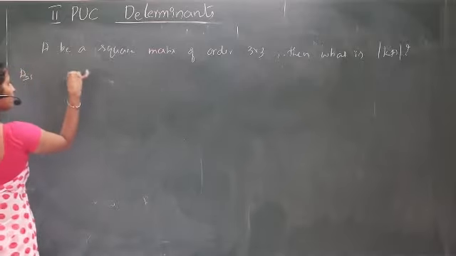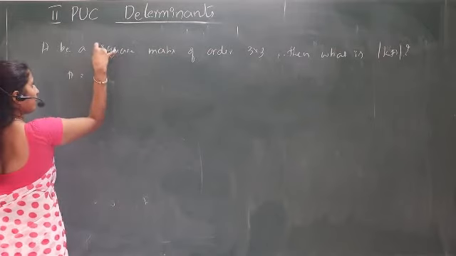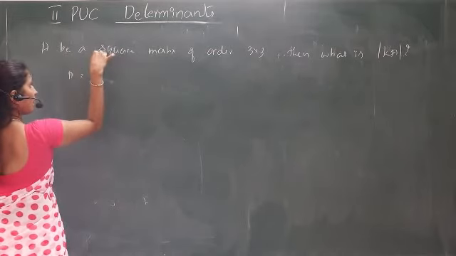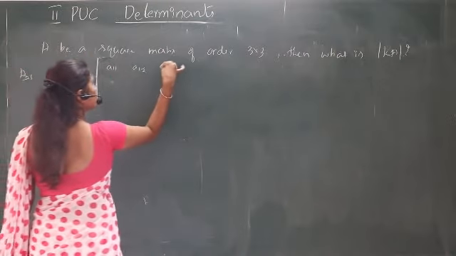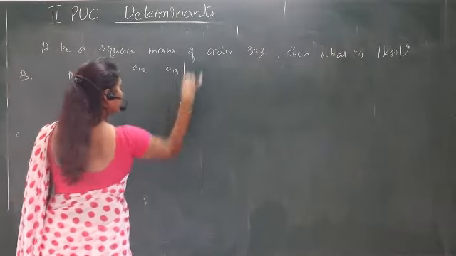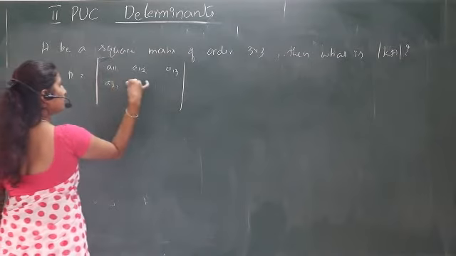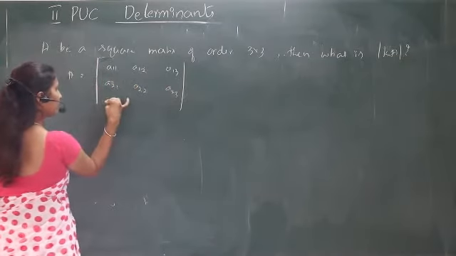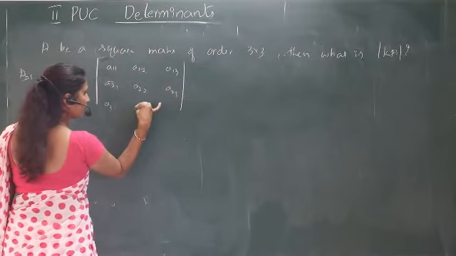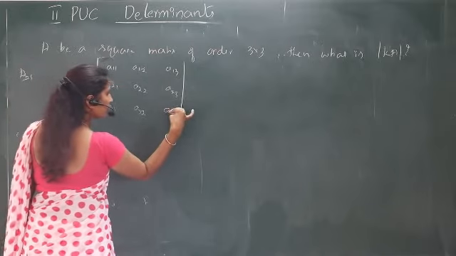So if I take A is equal to the determinant A11, A12, A13, A21, A22, A23, A31, A32, A33.